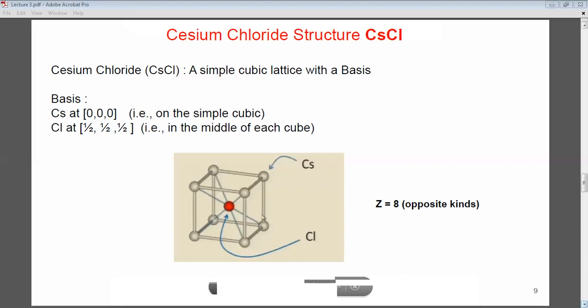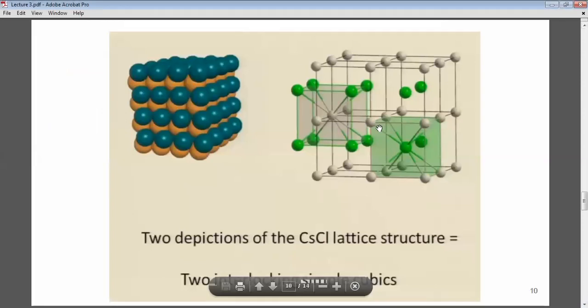Here is another picture. Let's assume that the whites are chlorides and the greens are cesium. And now let's look at this unit cell. This unit cell is similar to the previous one. We have the white ones at the corners of the unit cell, and I have the green one in the middle of the unit cell. But I can look at another unit cell over here, where I have the green ones at the corners and the white one at the center.